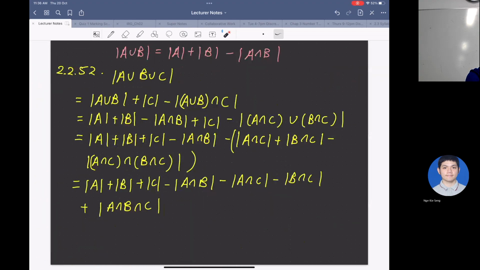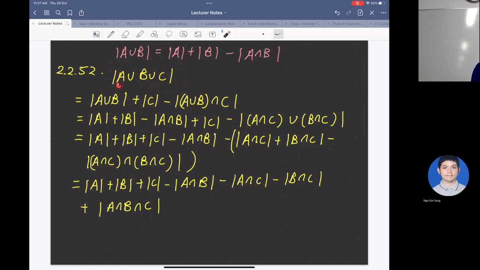And next, it asks you to show this formula here, the three-union formula, how you count the cardinality. So in the class, I introduced this theorem here. You can use this theorem and apply it inductively to get the answer for the three unions.